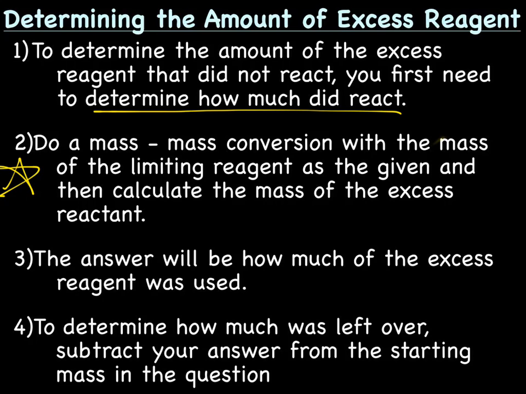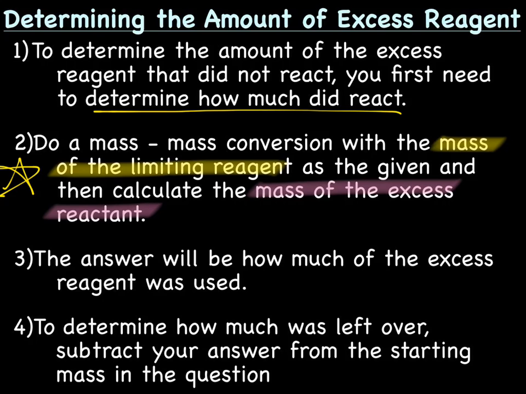Do a mass-mass conversion with the mass of the limiting reagent or reactant as the given, and then your unknown is going to be the mass of the excess reactant. The answer that you get will be how much of the excess reactant was used. To actually figure out how much was left over, you subtract your answer from the starting mass in your question.